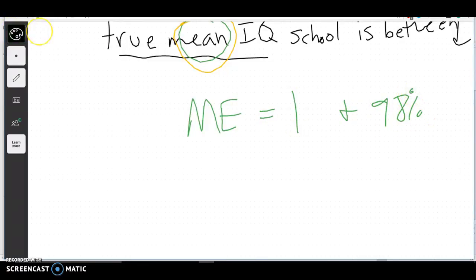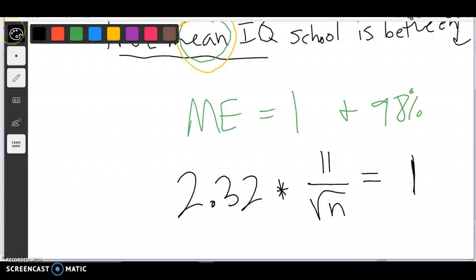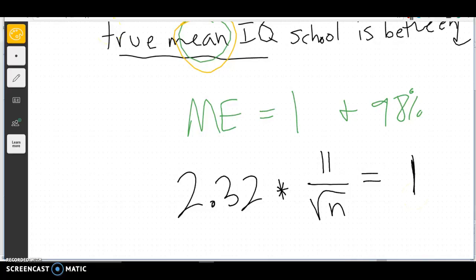So if we have to do that, we'd have to go to our margin of error and say, okay, we would still, since it's a 98% confidence, have 2.32 times our standard deviation, which can't change, but the number of samples we can change. So we're going to change our number of samples, and we said we wanted that to be 1. If I want to do that, what I'm going to have to do is I'm going to have to divide by 2.32 to get that by itself.